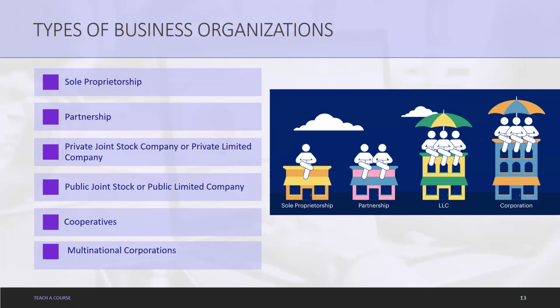Cooperatives are owned by their members. For you to join a cooperative, you have to become a member and you have to buy shares. Multinational corporations are usually public limited companies. They just have multiple locations in multiple nations.